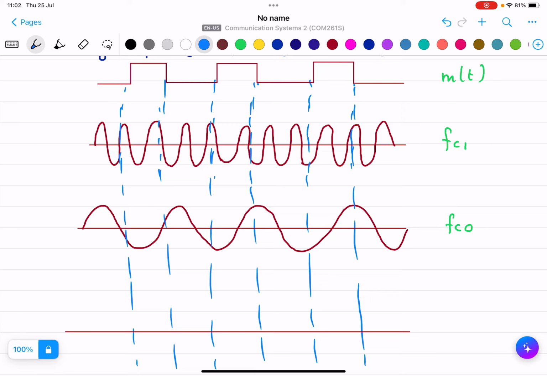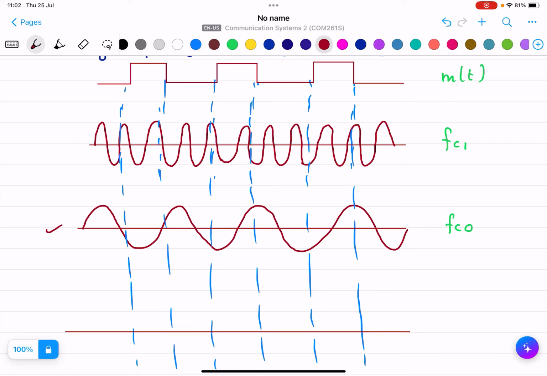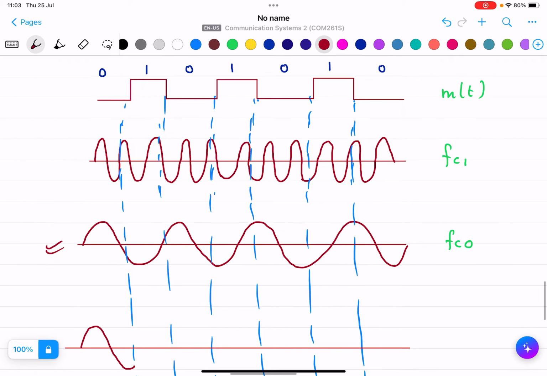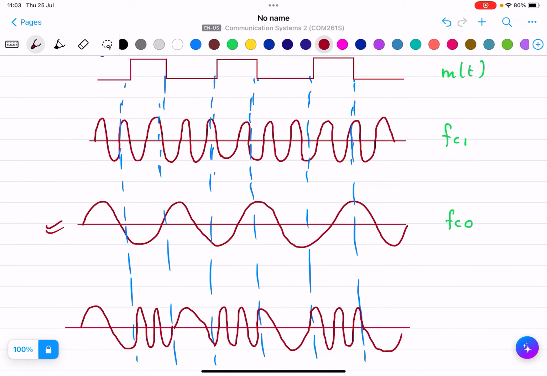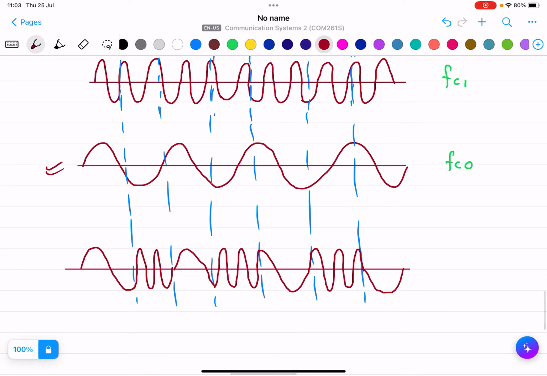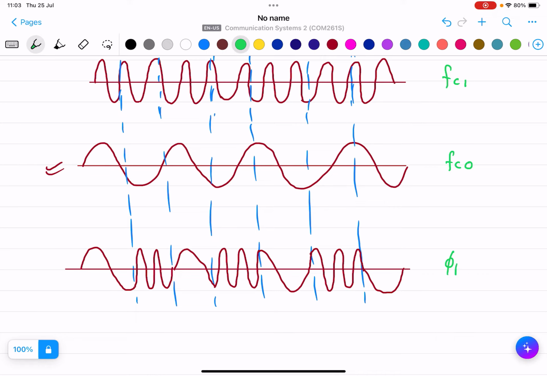So this carrier will pass at 0 because the first one is 0. So I'm just passing this carrier. Now at 1, the carrier with the high frequency will pass like this. At 0, again the low frequency, then at 1 it will be high frequency, then at 0 low frequency, then at 1 high frequency, and at 0 again low frequency. So this is my final signal, FSK.